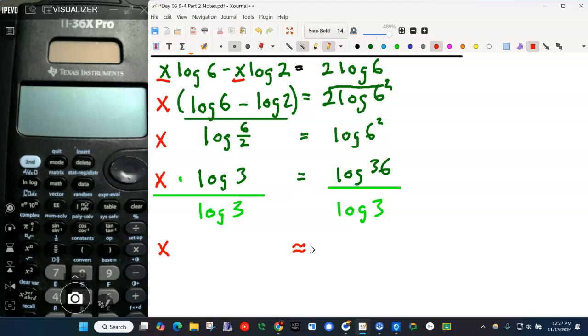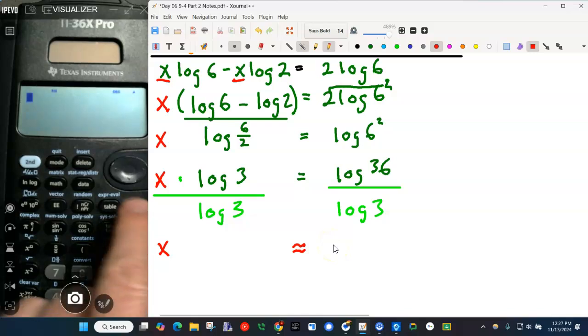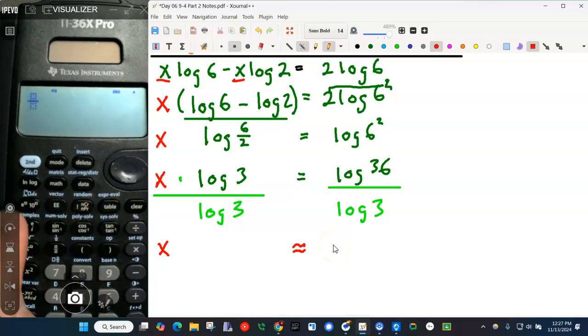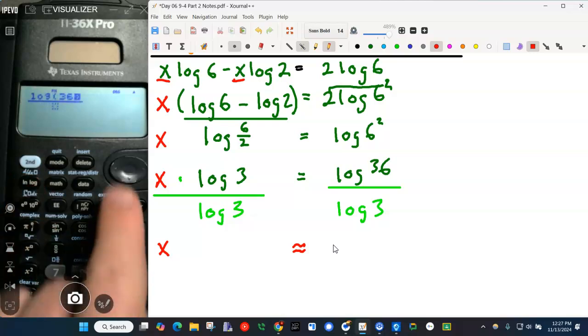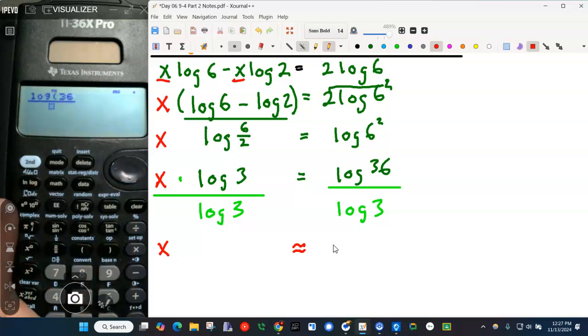All right, and you get what? Let's see here, log of 36 divided by log of 3. We get about 3.26.